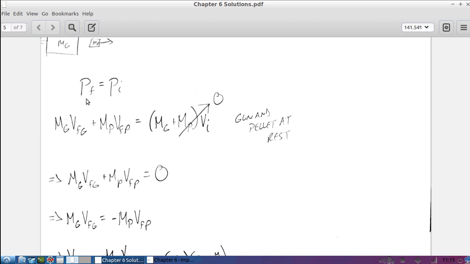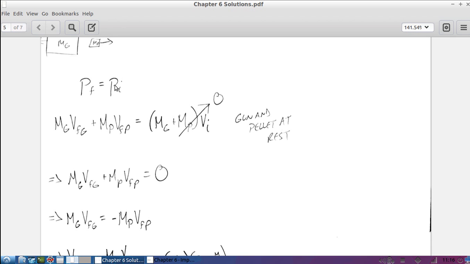So I set it up like a conservation of momentum problem. It's just that the final momentum is the individual momenta of each object. And then the initial momentum is the momentum of the two objects combined. But the gun and the pellet are at rest, so this whole P initial is actually equal to 0. Right?